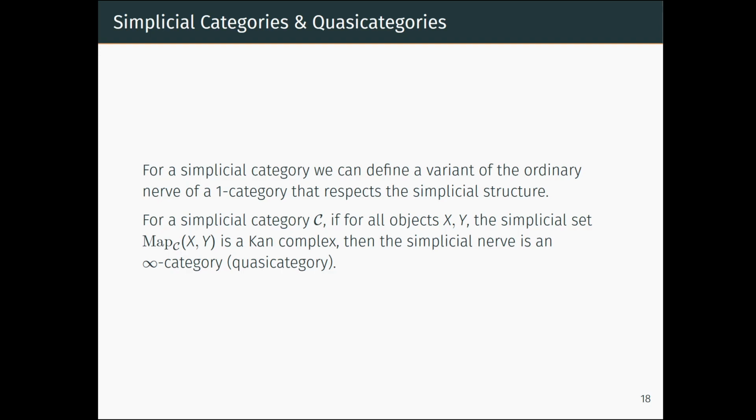Thank you. Yeah. To be more specific, 1.1.5 is the chapter where Lurie does some constructions on simplicial categories. He defines the simplicial nerve functor.